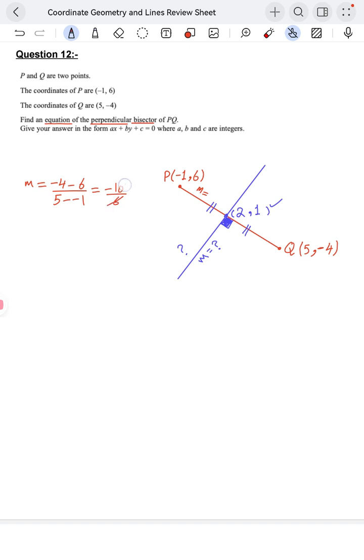If you simplify, divide by 2: -5 over 3. So the gradient of the red line is -5 over 3.